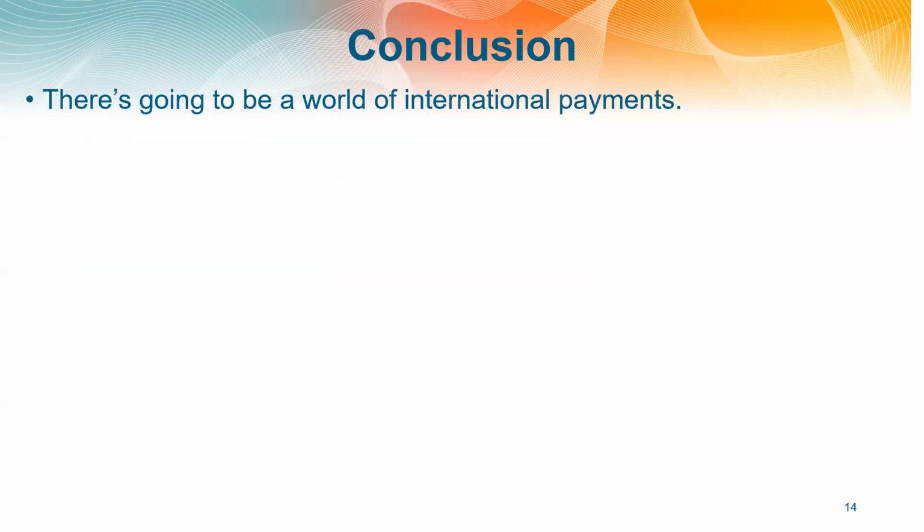So my conclusion is there's going to be a world of international payments. Everybody is moving towards the idea that domestic payment schemes are going to need to support international payments in some way. And that's the more important because more and more we're seeing situations where when people go to work and contribute productively to other jurisdictions' economies, they don't, as a consequence, obtain the right to live there.